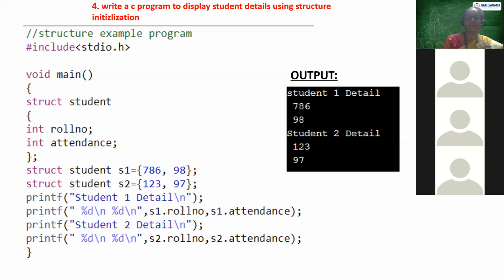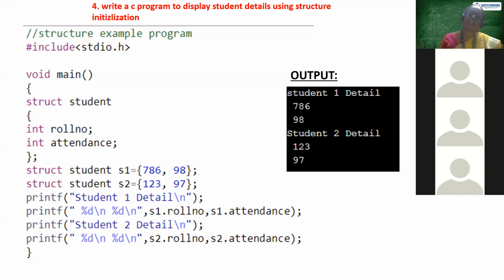This program is a very simple program, and you all understand that we are not declaring the structure before void main. Inside void main itself, we have declared it, because we have declared the structure variable in the initialization method, so that is possible.